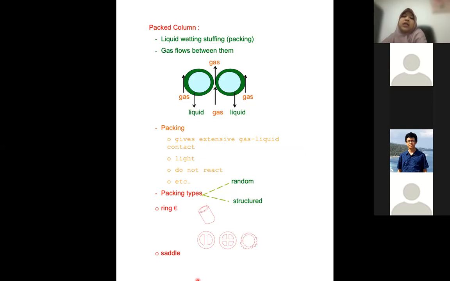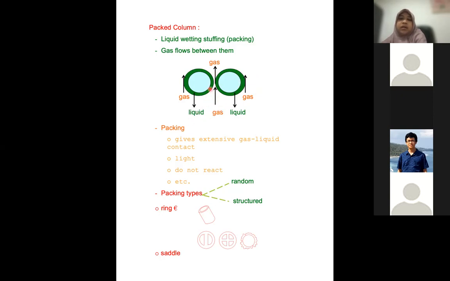So the principle that we are going to use to design the absorption column is the contact between the gas and the liquid. Let's say this is a packing, and the liquid is wetting the area around it, because the liquid is dripping around the packing, and the gas of course flows between them.